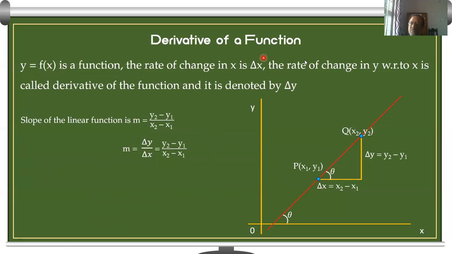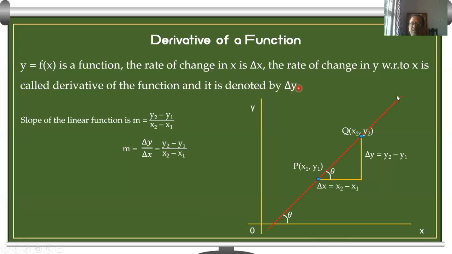And the change in y means a small change in y. x is changing, therefore the rate of change in y with respect to x is called the derivative of the function, and it is denoted by delta y.